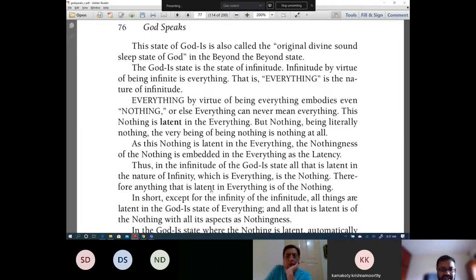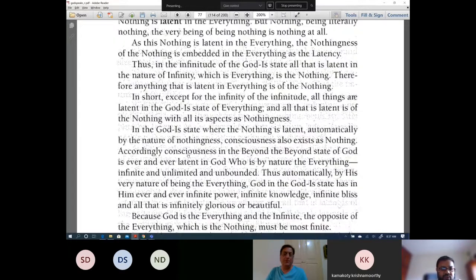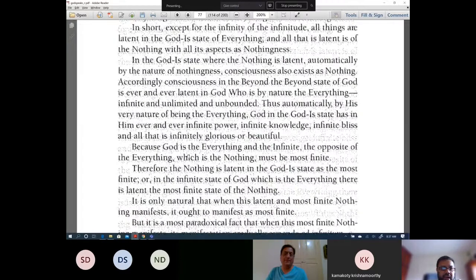Therefore, anything that is latent in everything is of the nothing. In short, except for the infinity of the infinitude, all things are latent in the God-is state of everything, and all that is latent is of the nothing with all its aspects as nothingness.